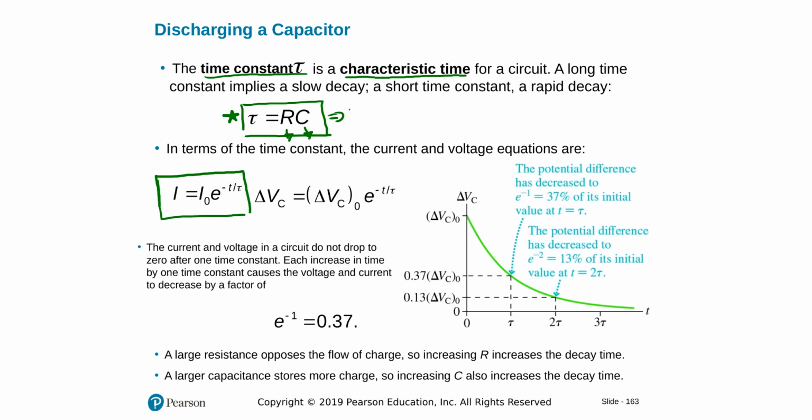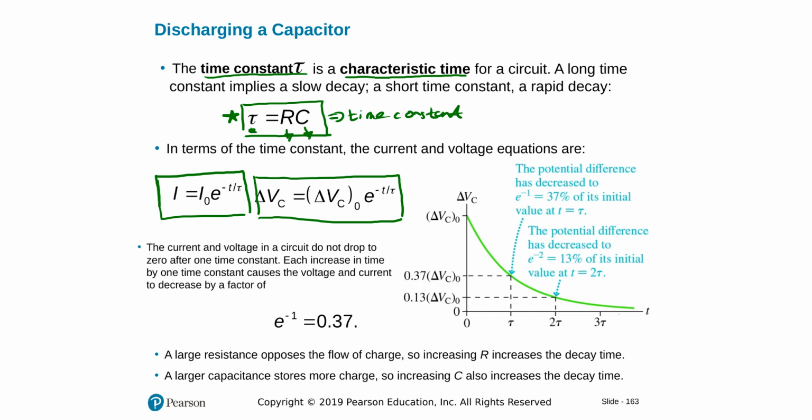So using the characteristic time or time constant, that letter here is tau, the Greek letter tau, we can rewrite the equations of potential difference across the capacitor at time t or current at time t. And we can define how fast the decrease happens using the characteristic time.